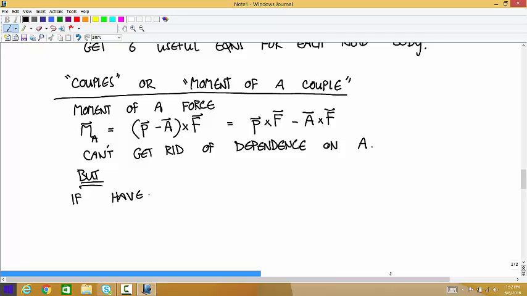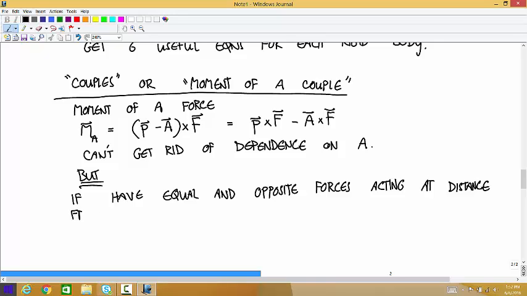If you have equal and opposite forces acting at a distance from one another, the dependence on A goes away.